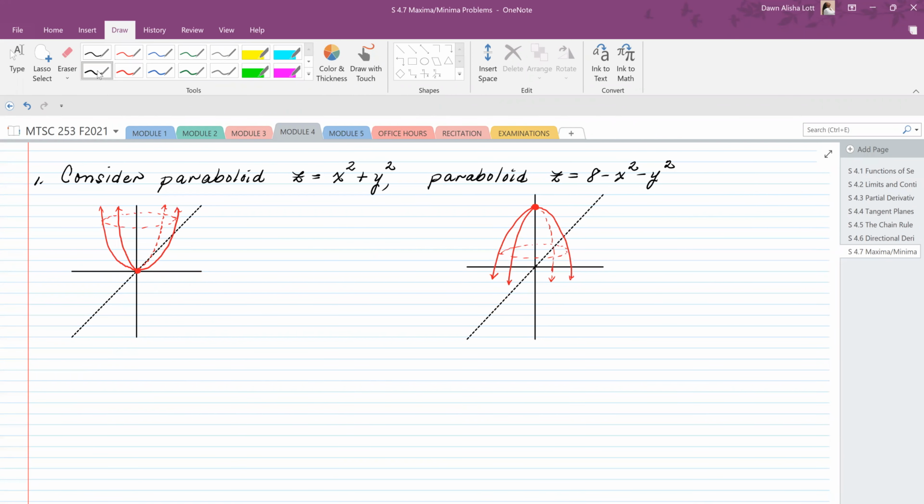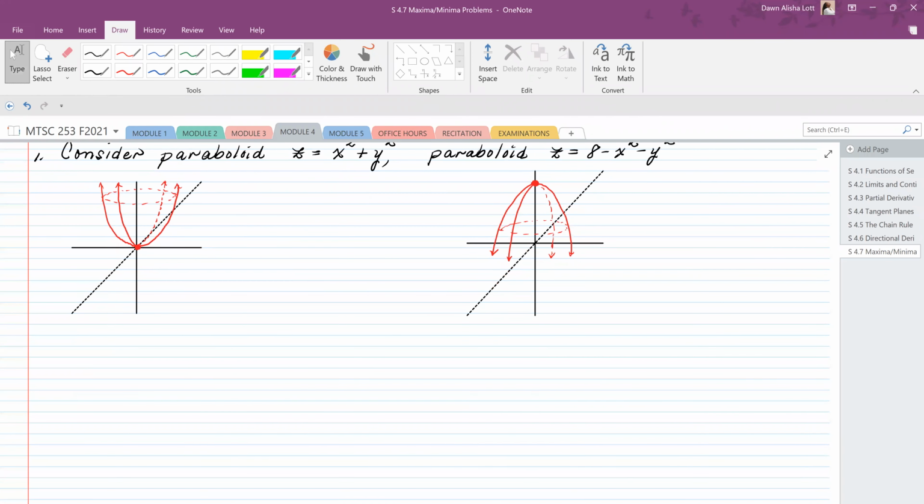So for the first one, if we look at y equals 0, which is the xz plane, in the xz plane, we're going to see something that looks like this.